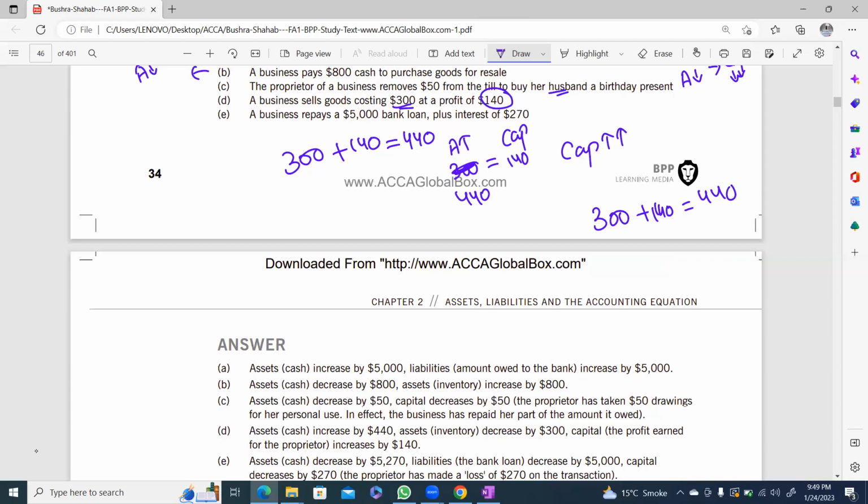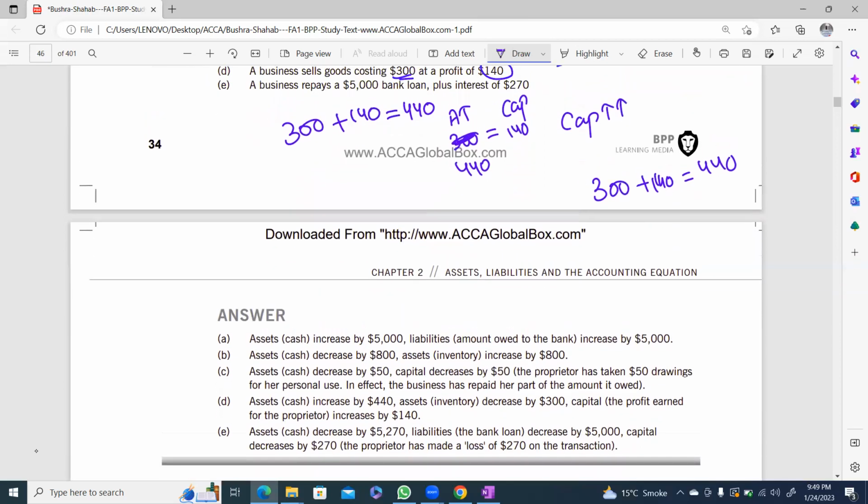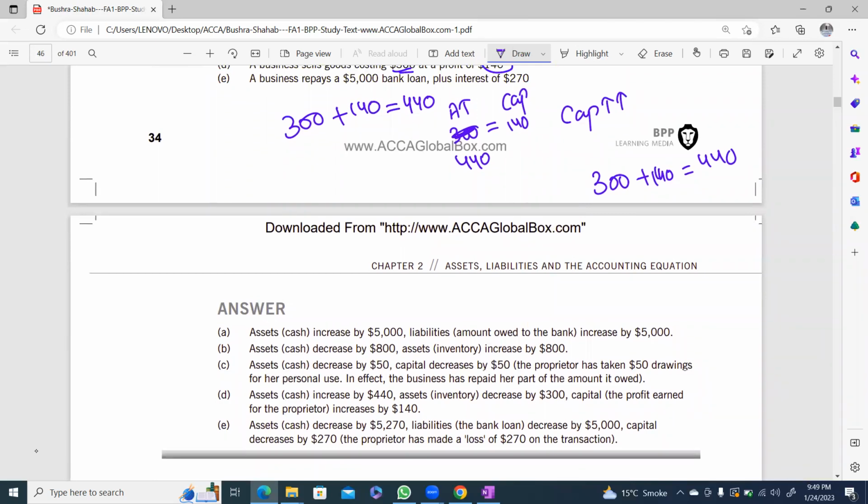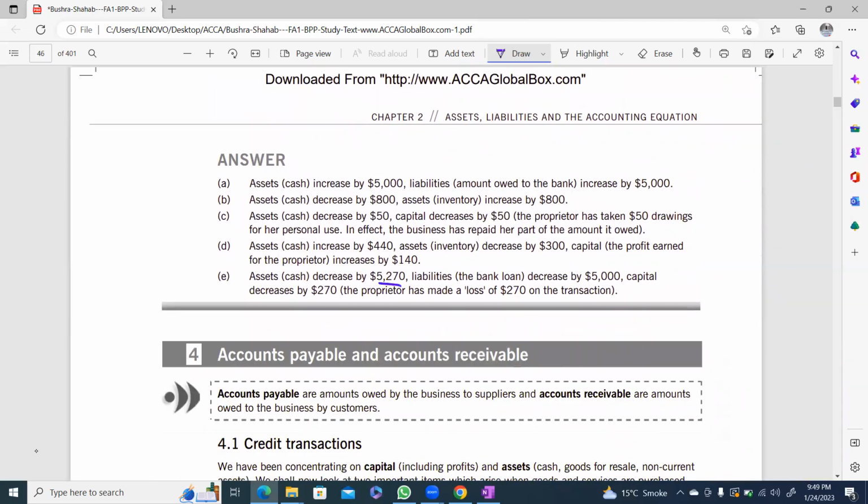Both would decrease, I guess, liability and capital. See, on one side, asset will decrease by 5270. Why 5270? Because 5,000 is the loan amount you are repaying, plus you are paying 270 as interest. So in total, you will pay 5270.